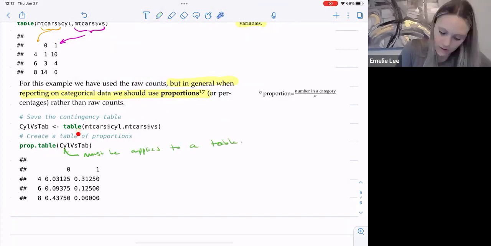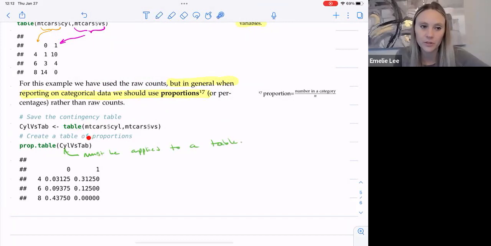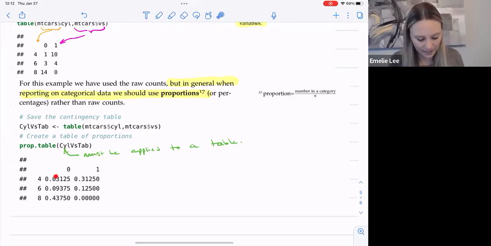So what I did was I had that table from earlier, and then I assigned it to something called sil vs tab. I can't remember what it was. The two names of the variables and then table. And then I took the prop.table command around the sil vs tab. Okay, and then it returns these proportions.